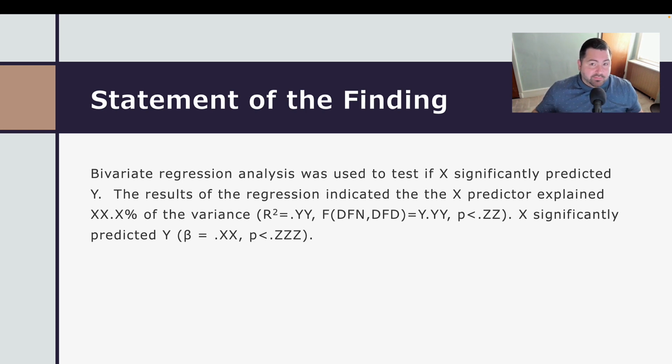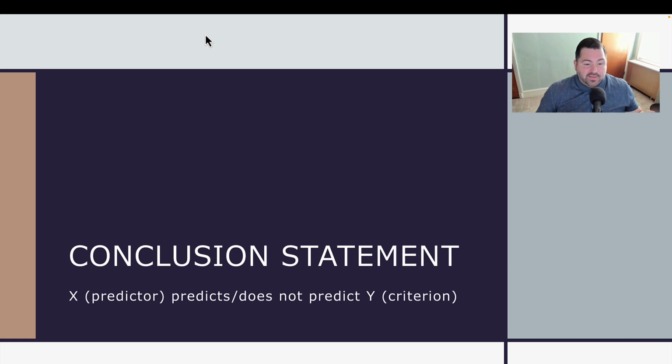You would then conclude by stating that X significantly predicted Y and provide the beta slope, so it could be standardized to other samples in the population, and the p-value. So to conclude, you would simply state that the X predictor predicts or does not predict the Y criterion, which answers your research question. So I hope this video was helpful.